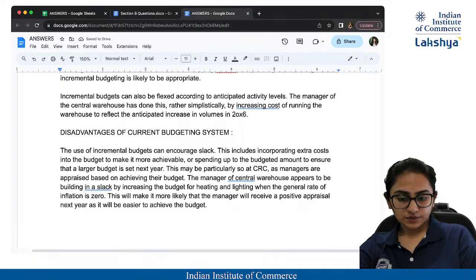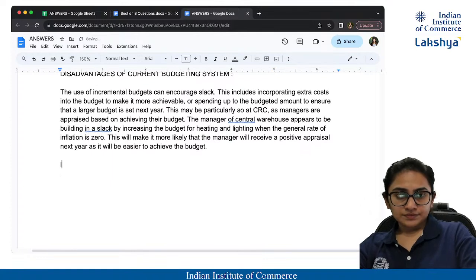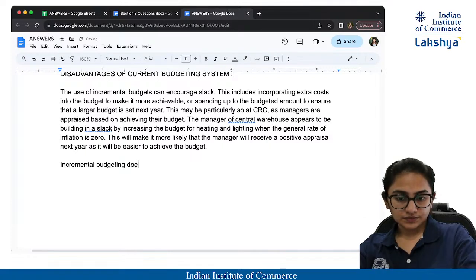What else can you say about the disadvantages of incremental budgeting? Incremental budgeting does not encourage CRC to look for new innovative ways of doing things.